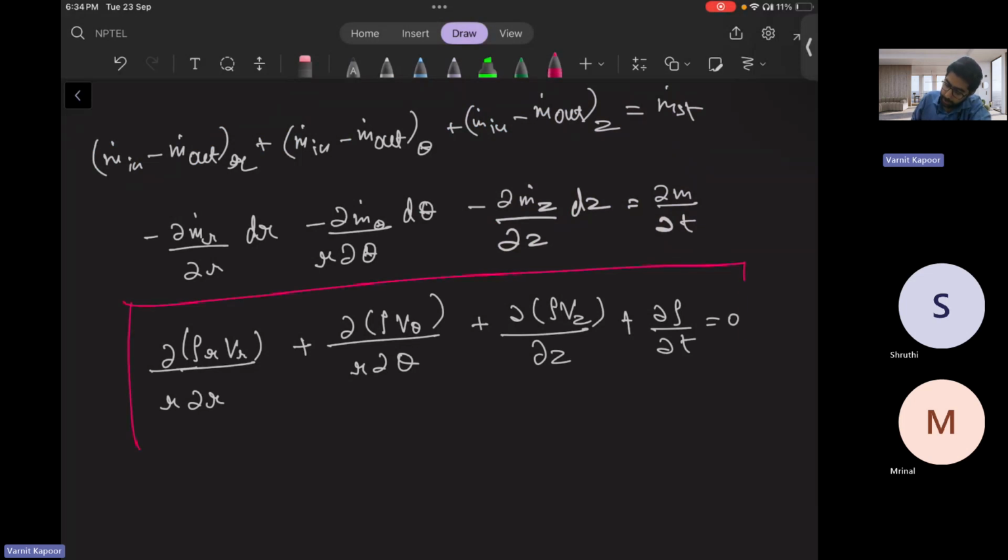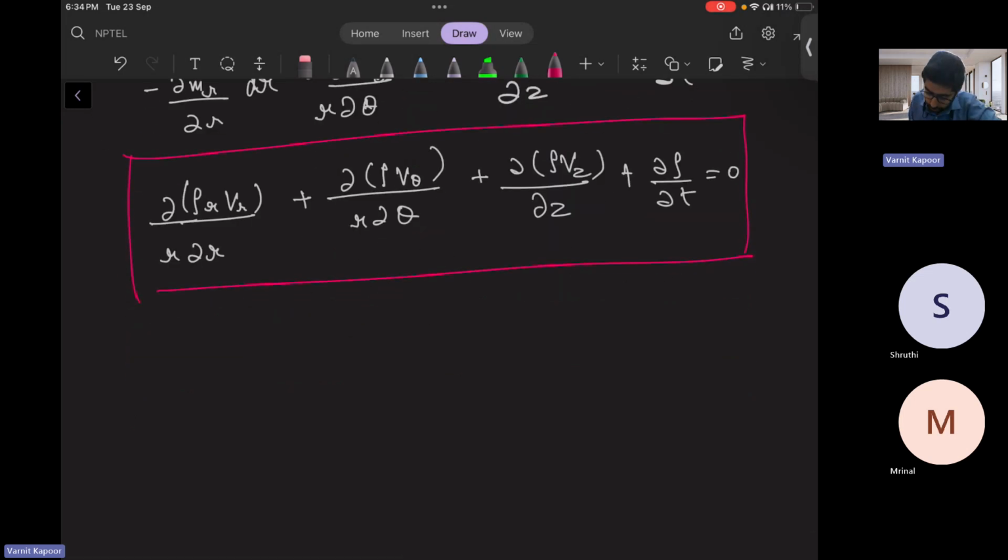This is your final equation in, oh sorry, polar form. The general continuity equation in polar form.